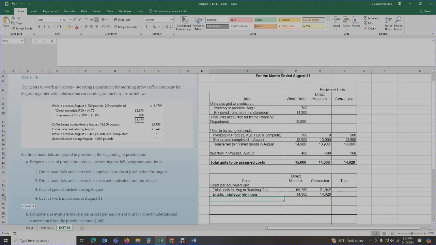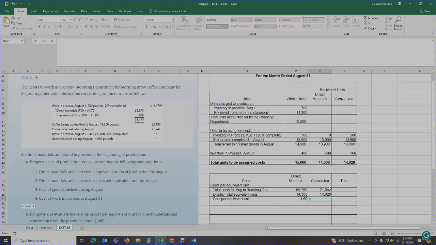So now we can calculate our cost per equivalent unit. Okay. Now let me underline this. Now to do that, we're going to get the 65,780 divided by our equivalent units. That's going to give me $4.60. Okay.